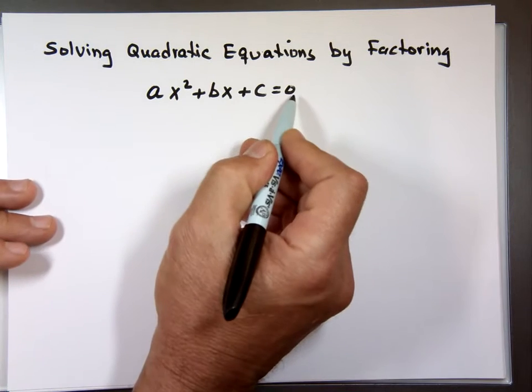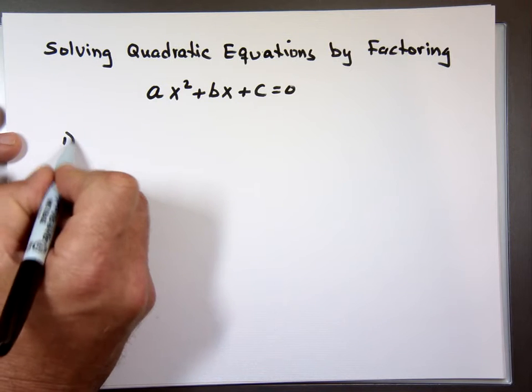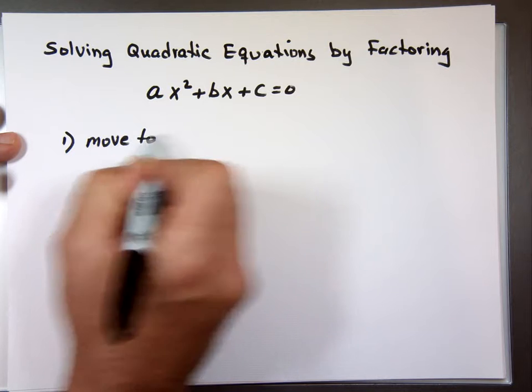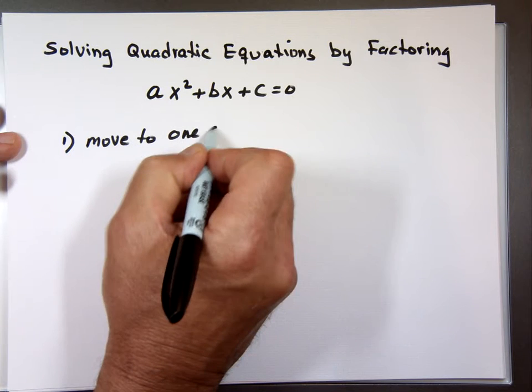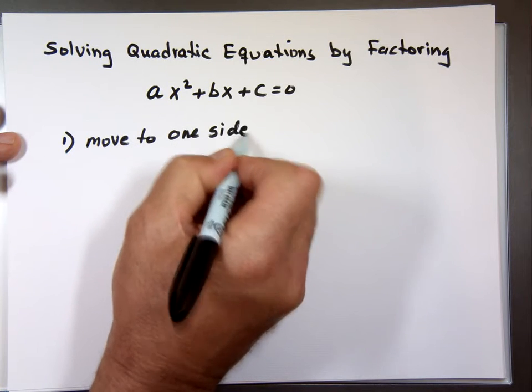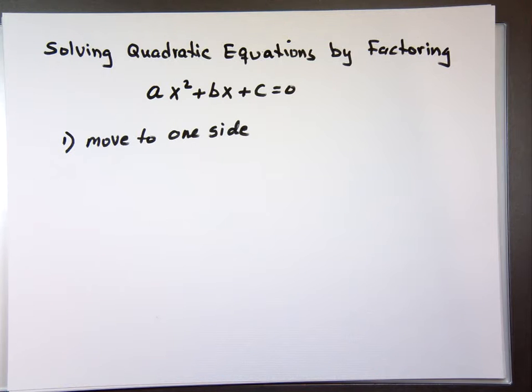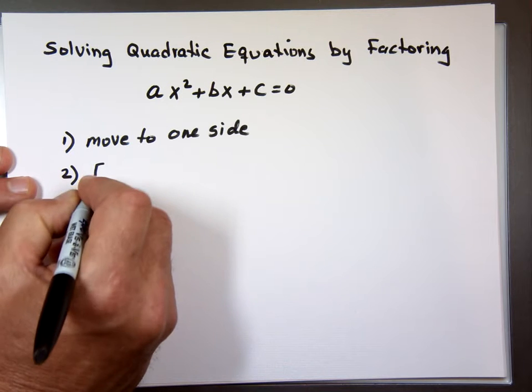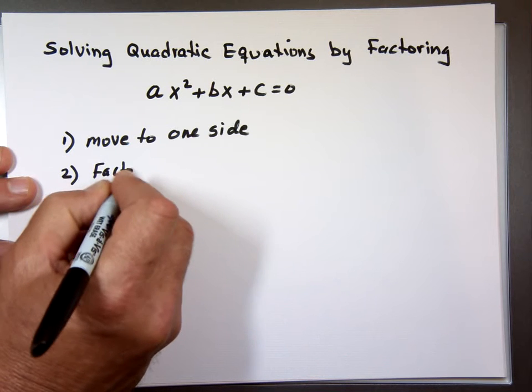Notice I want this side to be 0, so my first step always for them is move everything to one side. That's the first step. Step number 2, factor completely.